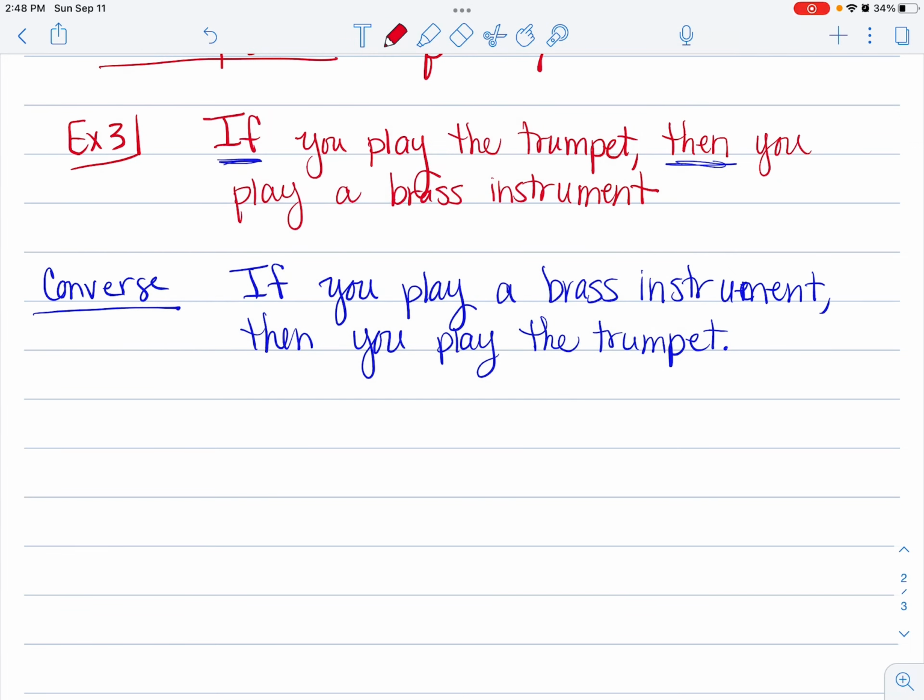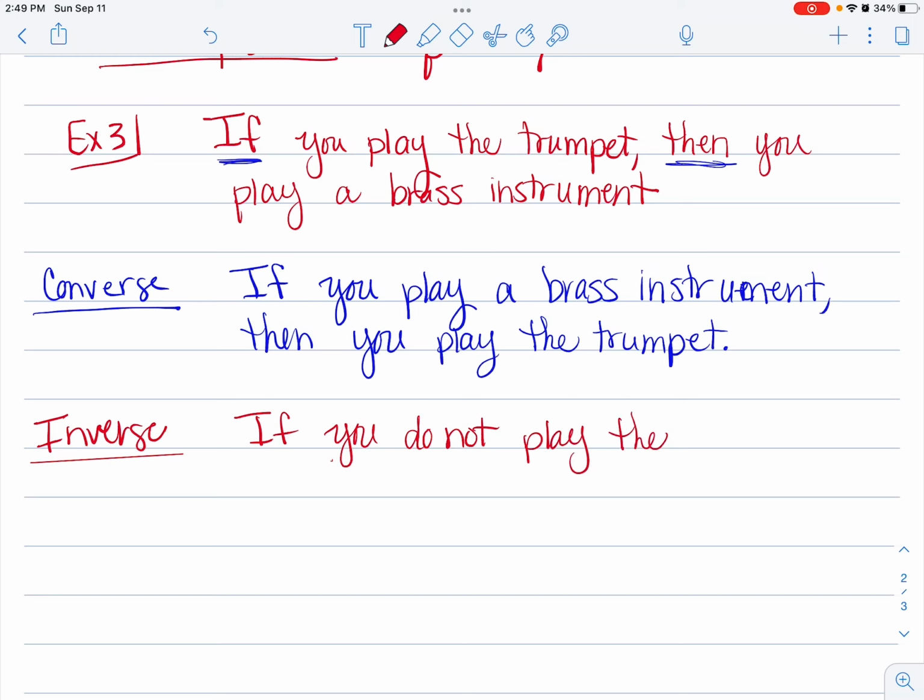All right. So let's look at the inverse. Okay, so the inverse, again, going back to the original, would be: if you do not play the trumpet, then you do not play a brass instrument.